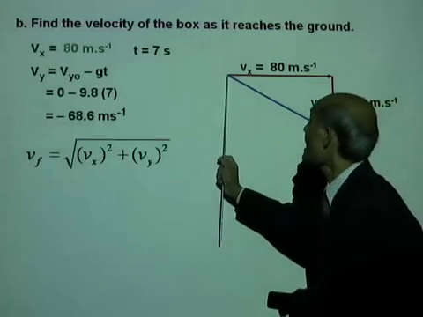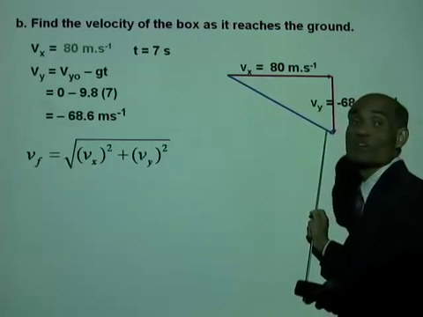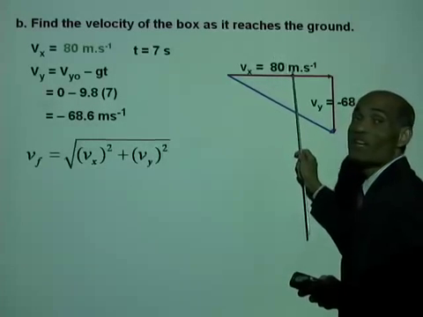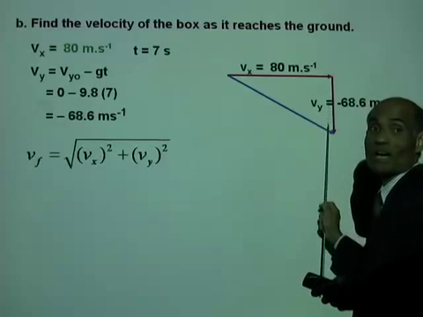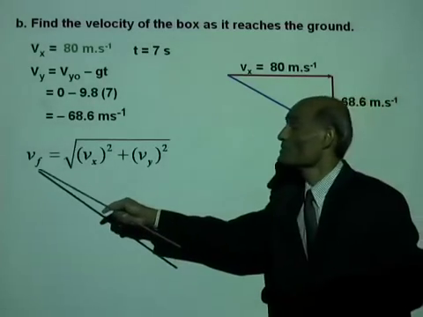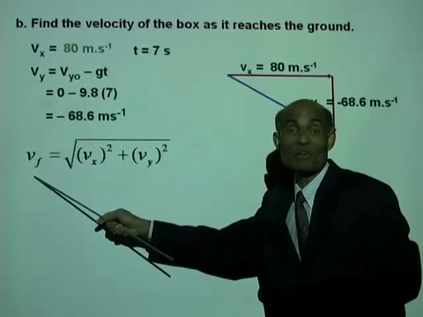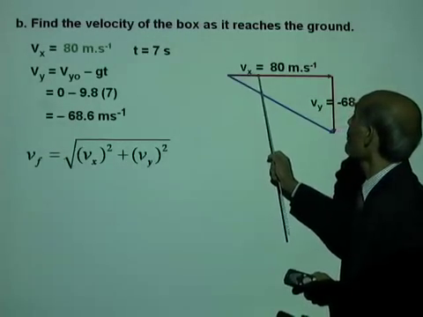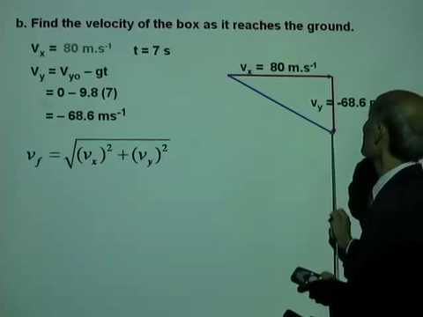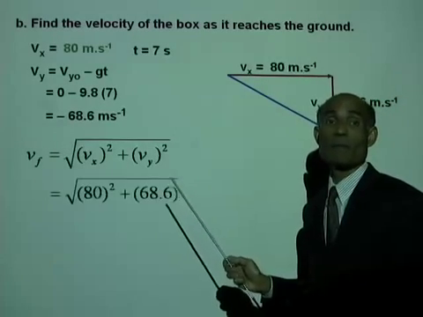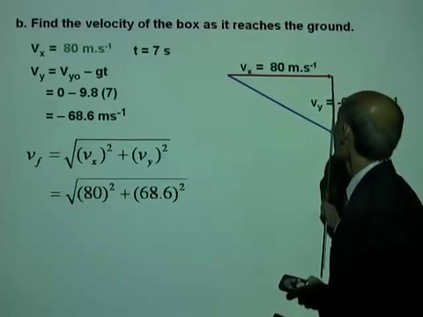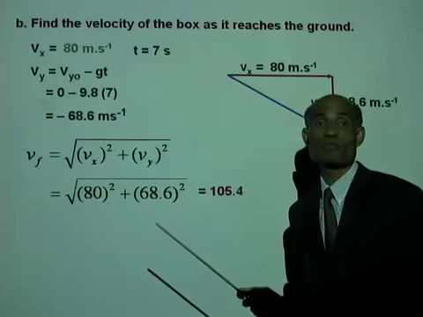And what is the magnitude of this vector? The magnitude is the square root of Vx squared plus Vy squared. So Vf, the final velocity when it touches the ground, will be the square root of 80 squared plus 68.6 squared.